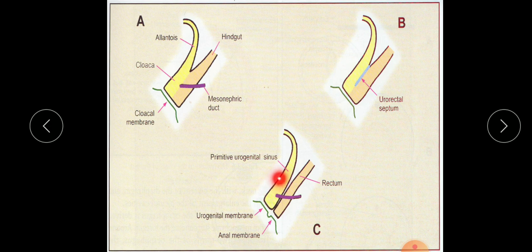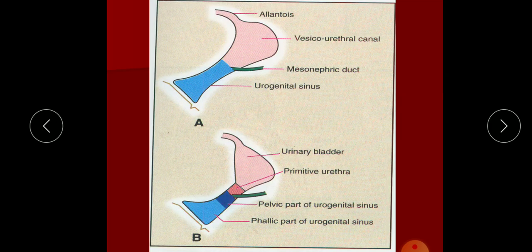The anterior part is termed the primitive urogenital sinus, and the posterior part is termed the primitive rectum.